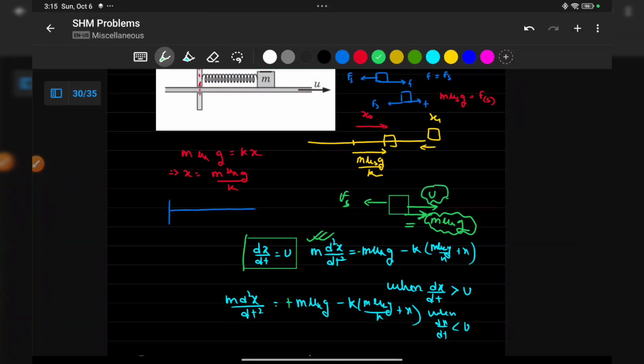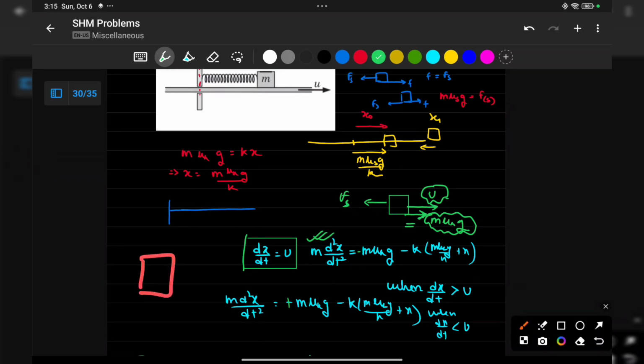So listen to me carefully. At that point, when the friction, directly means there was the Fs, and it becomes mu k mg. Can you see there is a net force towards there, and there's a u velocity towards there.